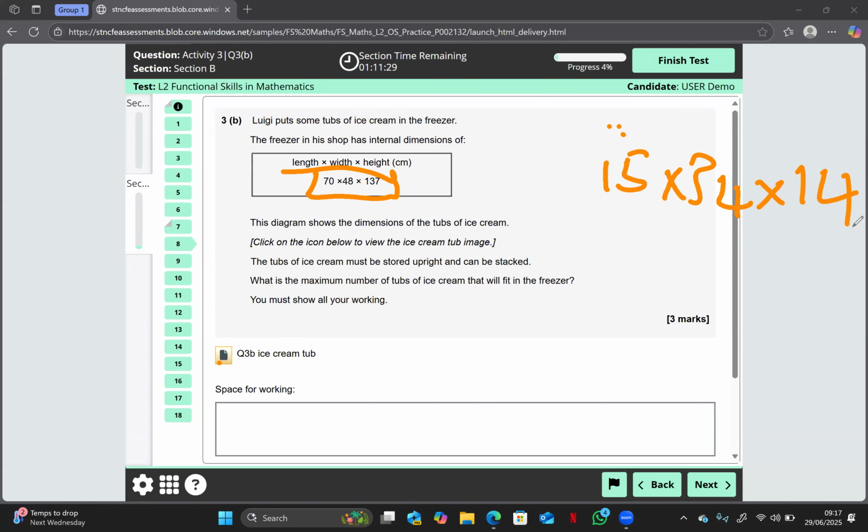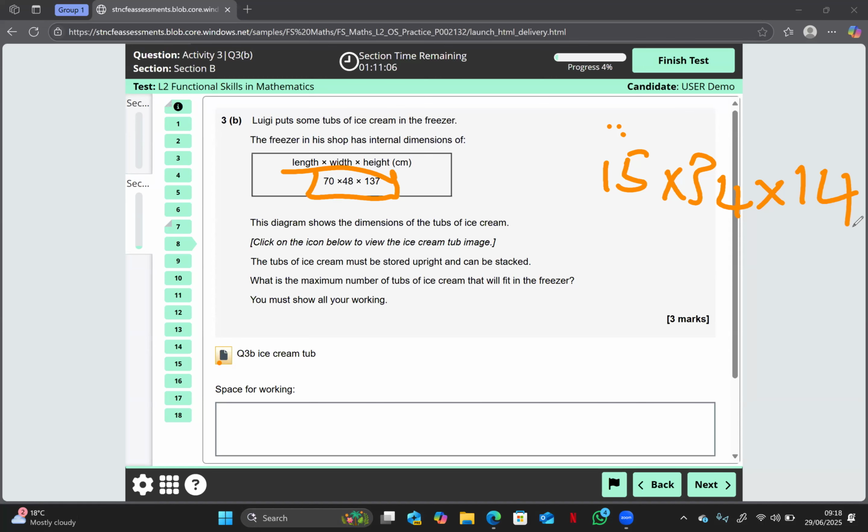And it's stored upright and can be stacked. Okay, so upright means that it can be stored in terms of its height because one can fit in.